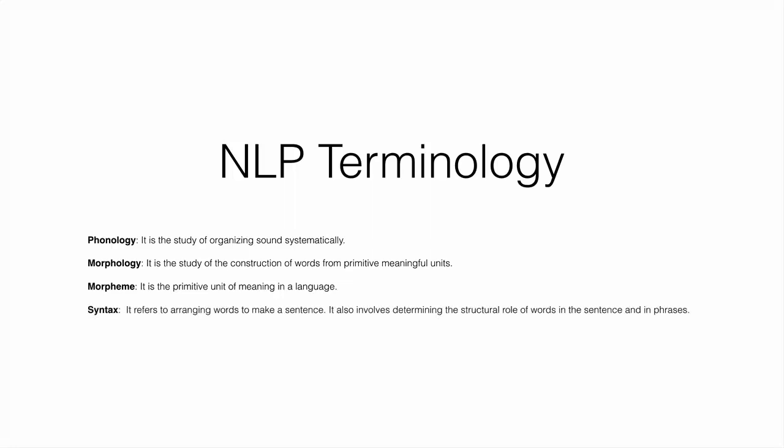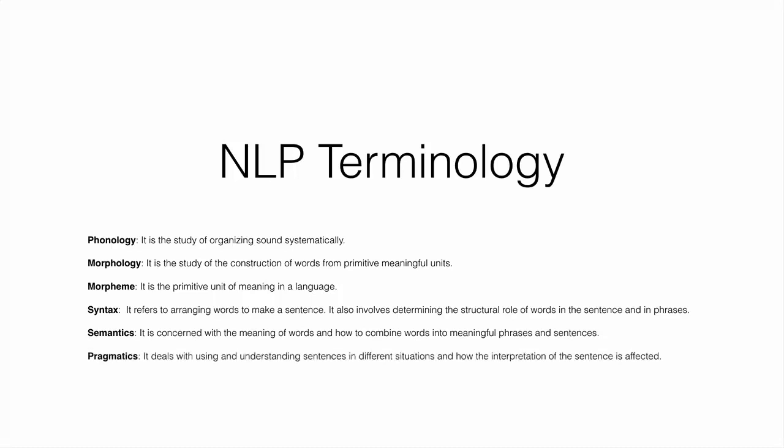There's syntax. It refers to arranging words to make a sentence. It also involves determining the structural role of words in the sentence and in phrases. We have semantics. It is concerned with the meaning of words and how to combine words into meaningful phrases and sentences. That's really another way to say it's a context. It's a building of a context. We have pragmatics.